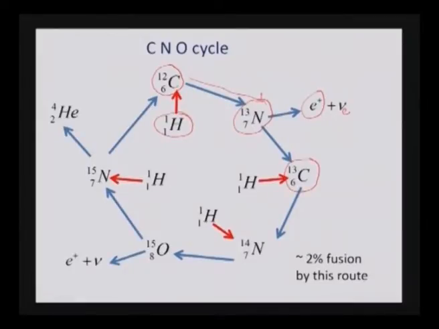To this carbon-13 nucleus, one more proton goes and combines, and then it will again make nitrogen. 6 protons are there, one proton going in, 7 protons. So that will make nitrogen, but now the total mass number will be 14. So you get this nitrogen-14, and this nitrogen-14 combines with another proton, and what will it make?